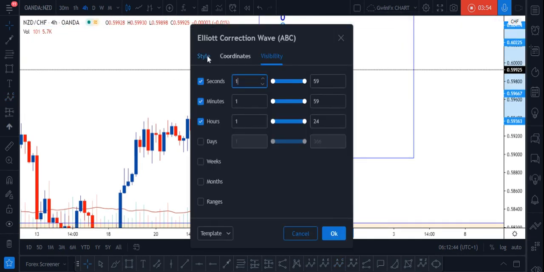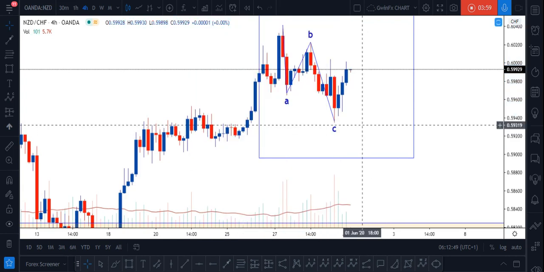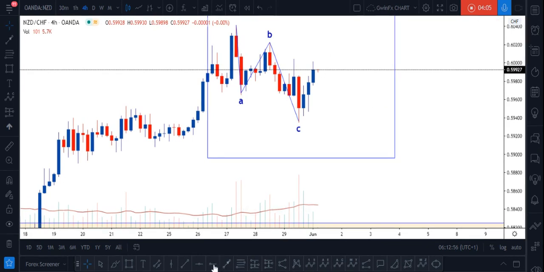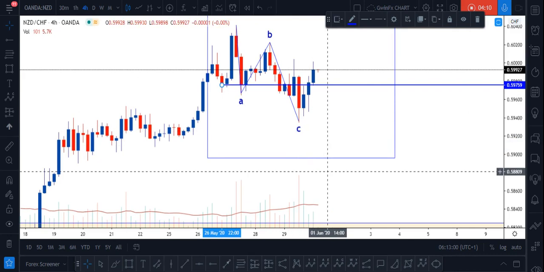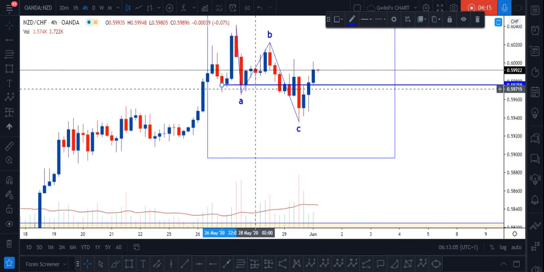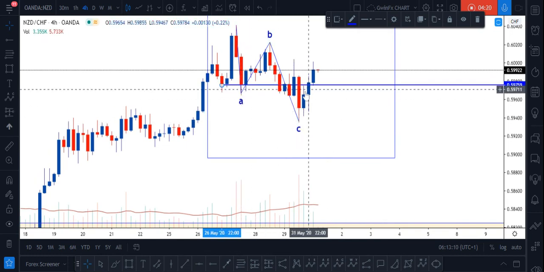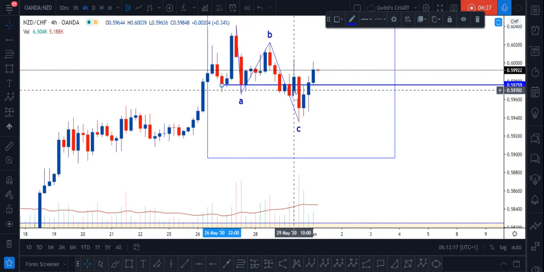One of the things I wanted to see, and which I'm actually seeing very clearly, is that after this formation, if price would reject this point and then start rallying down, I would have looked to hop on the trade. But at the moment, the rules of this strategy state that by the time you have the next leg rising above the origin point of wave A, you want to be involved in a long.